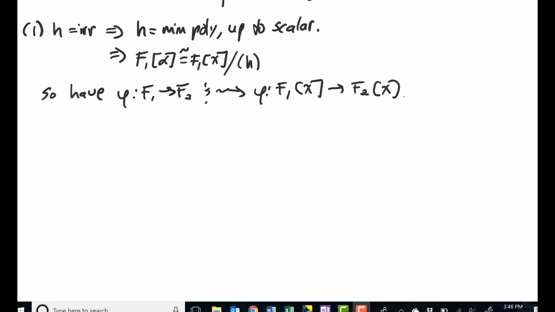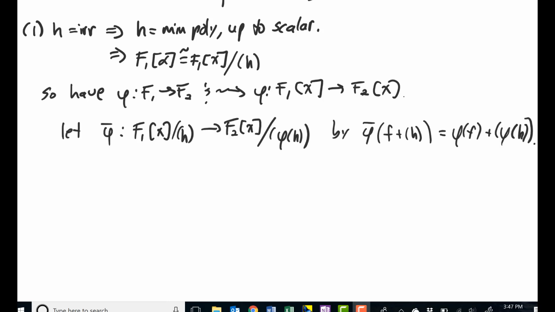Now remember, we had the original isomorphism phi going from F1 to F2, and the corresponding extension phi to the polynomial ring from F1 of x to F2 of x. This is an isomorphism as well, and now we're just going to have it descend down to the quotient in the obvious way.